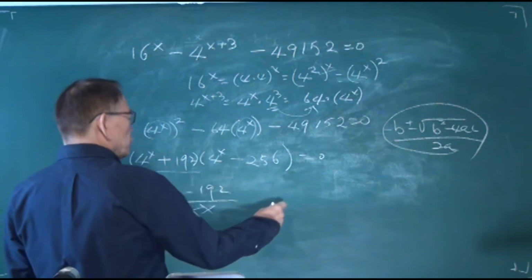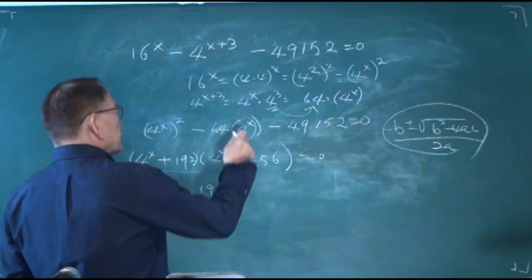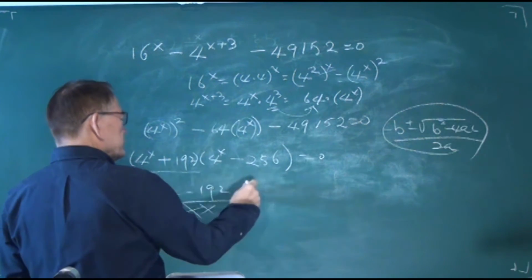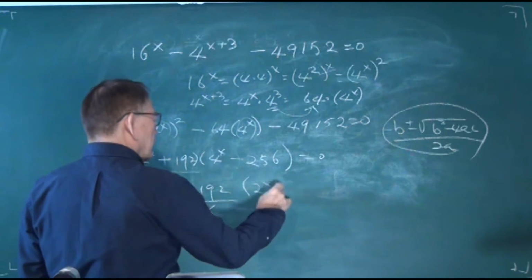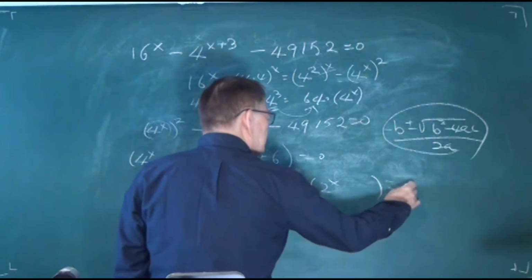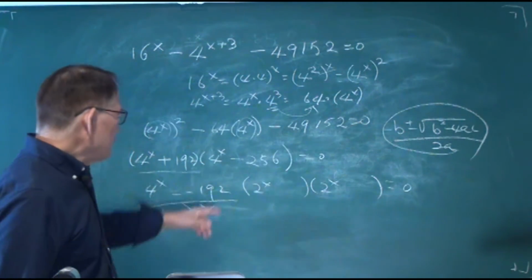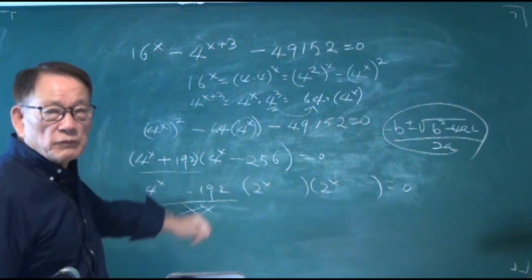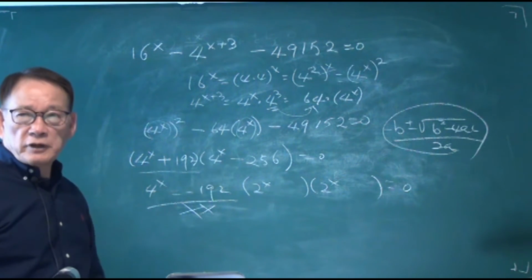But this one, we can factor again. As we saw over here, this will be the same as 2 to the x and 2 to the x. It's a very simple expression. I think none of you have trouble, right?